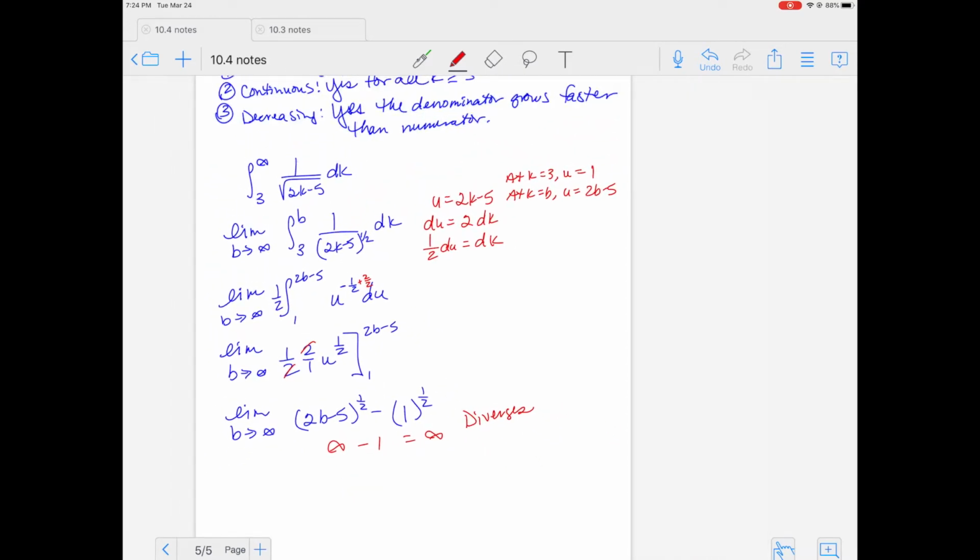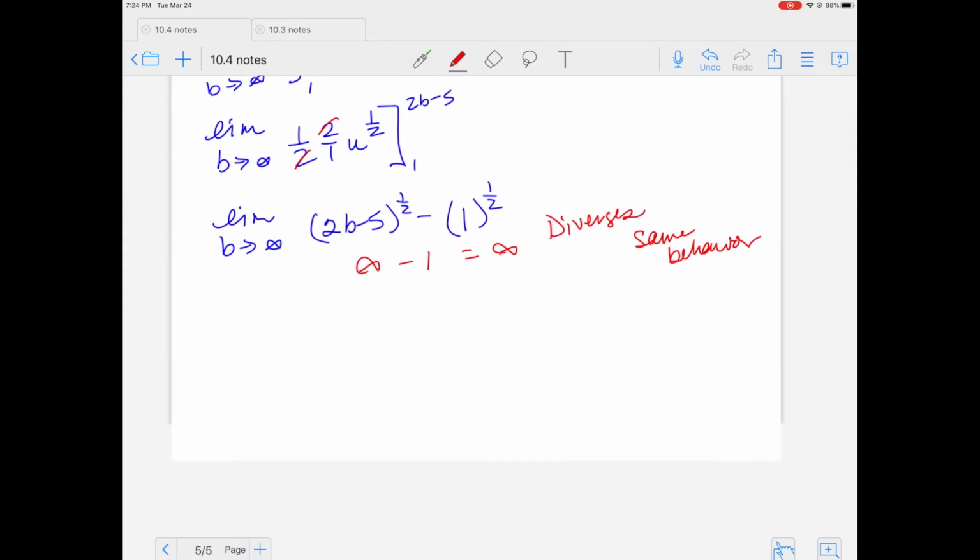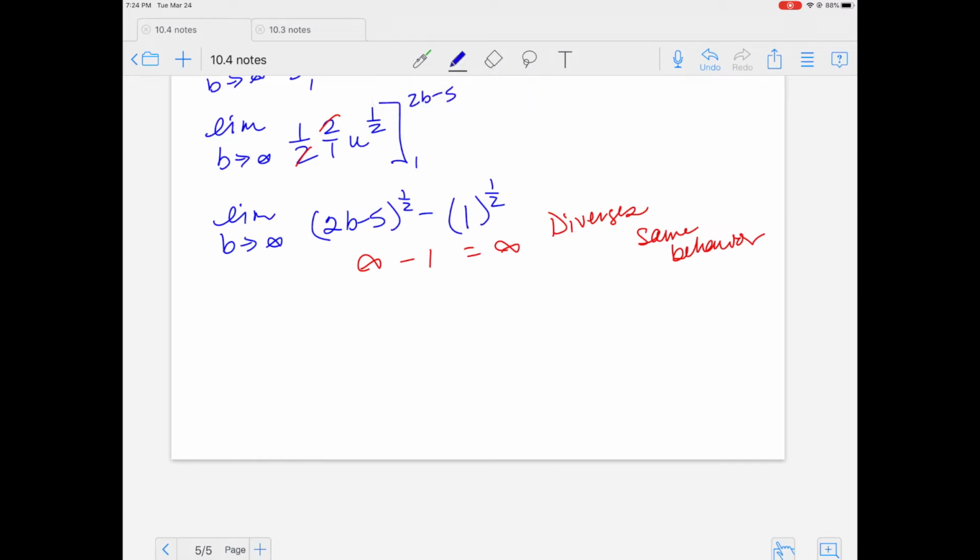If my integral diverges, then I know this is the same behavior. So whether it converges or diverges, it's just the same behavior. Therefore, the series also diverges by the integral test.